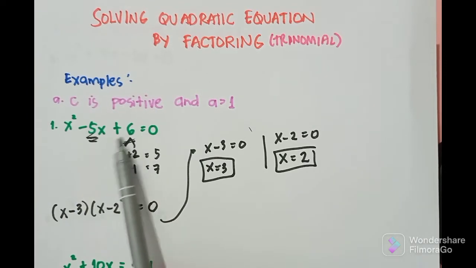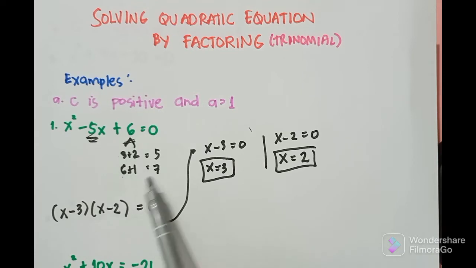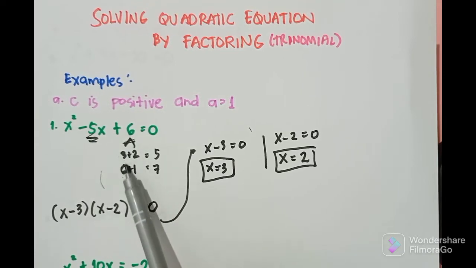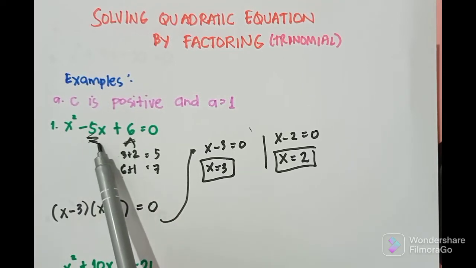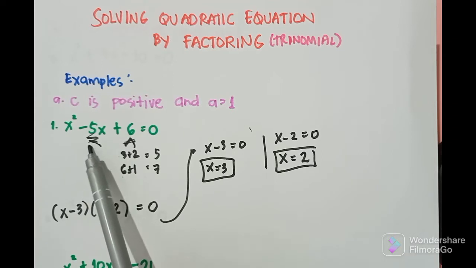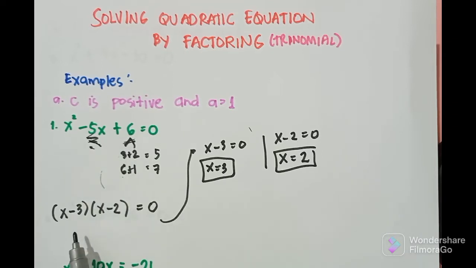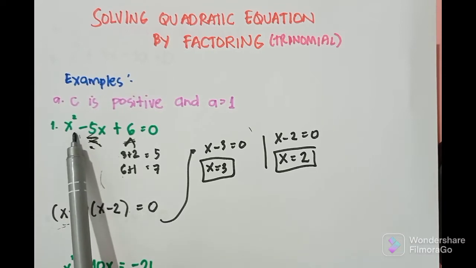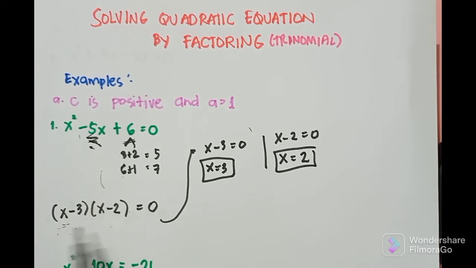Dahil plus to, i-add natin yung factors na kung saan yung factors na to ay dapat equal kay middle term. So, kapag inform na natin yung factors niya, ang operators ng ating factors ay nakadepende kay middle term. Okay? At parehas sila.